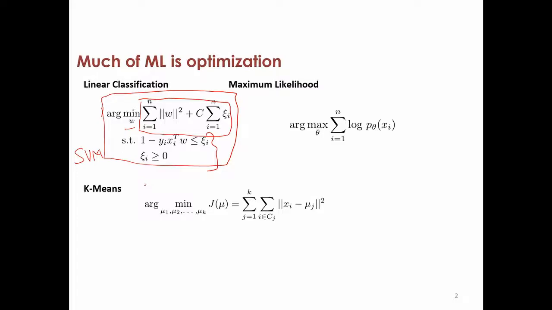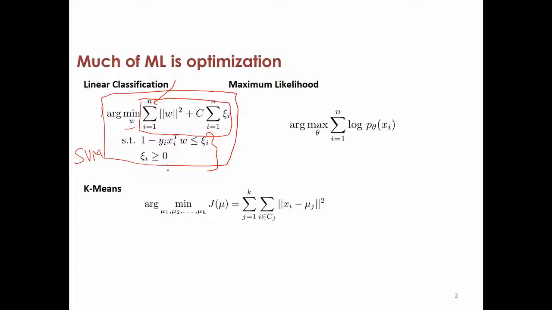This is the support vector machine formulation. Here the thing to note is that n is the number of data points, so these sums are over the number of data points, and these constraints are also over the number of data points, and there is a simpler way of writing this also.